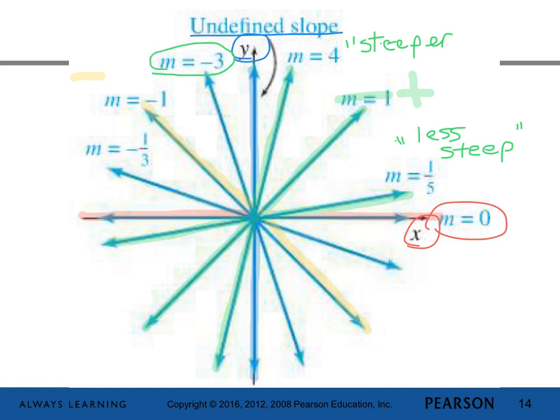-3 is a negative slope, but it is a steeper slope than m equals -1, and m equals -1/3 is a less steep slope.